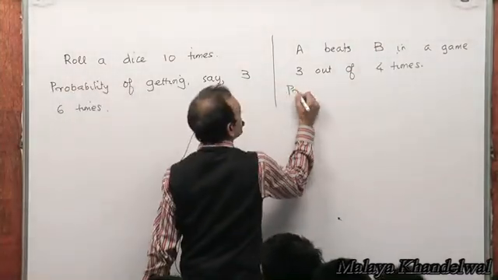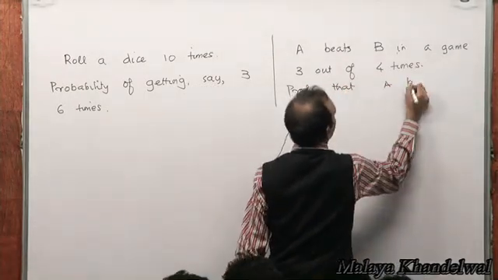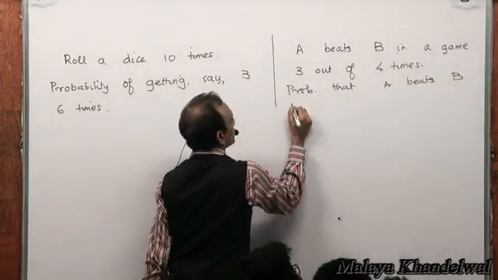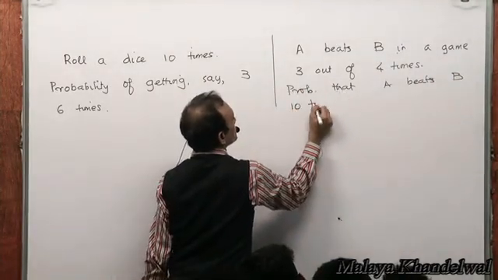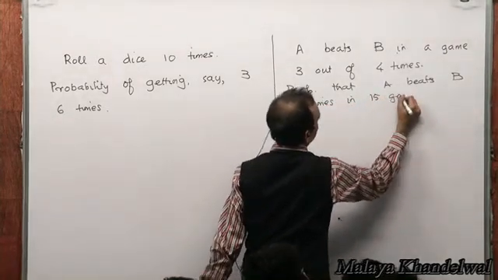What's the probability that A beats B 10 times in 15 games, say, for example?